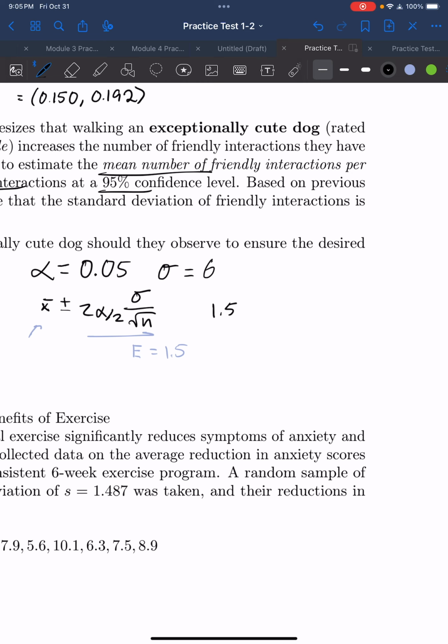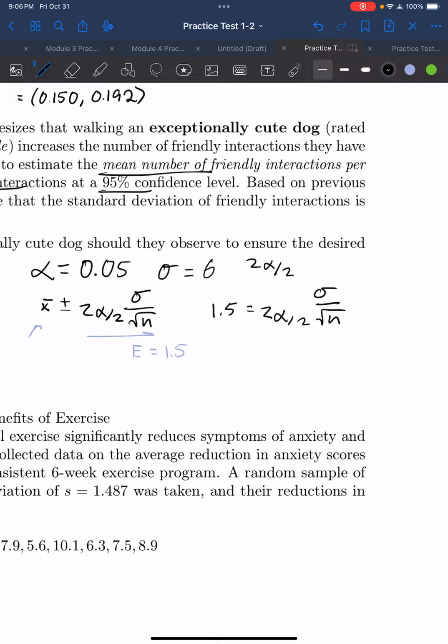So we have 1.5 equals our z, like that. And then we can calculate our z.